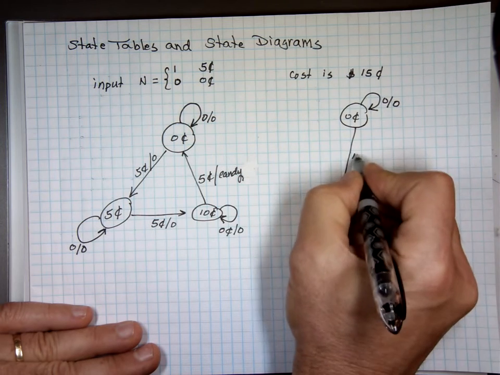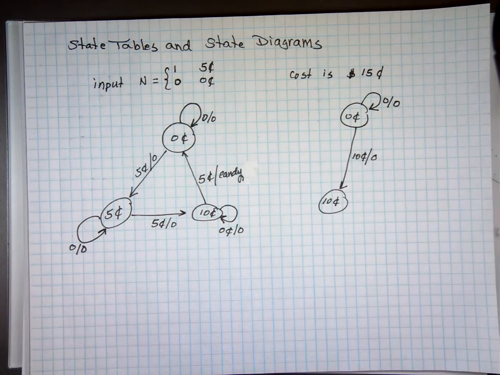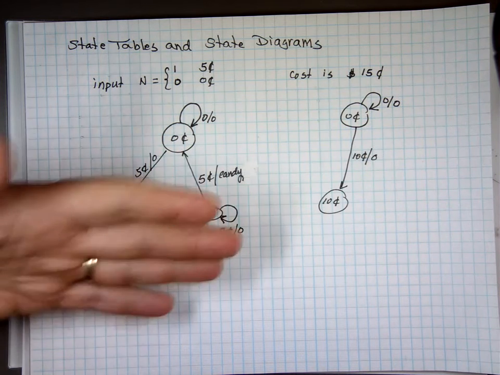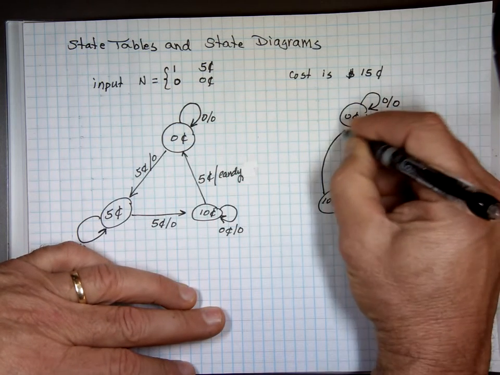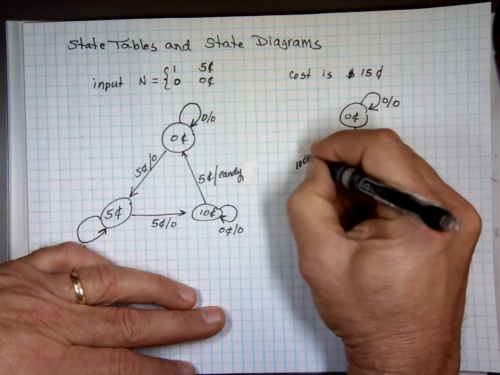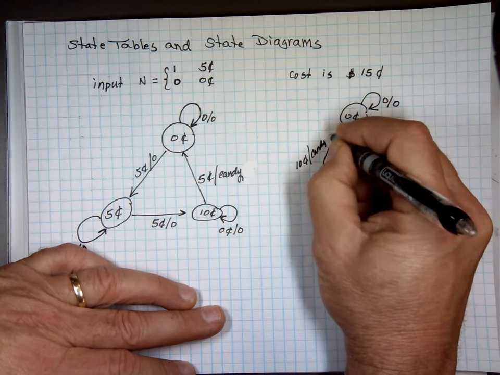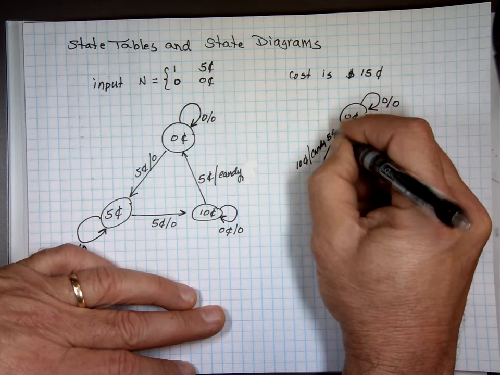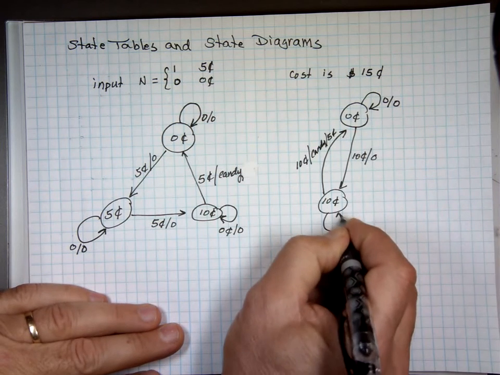So if you put 10 cents, you go to 10 cents, do you get any candy? No. And what about if you're in the 10 cent state and now you put 10 more cents? It goes back to 0. But you're going to get a candy and what else? And 5 cents back. And if you put nothing, you stay here.